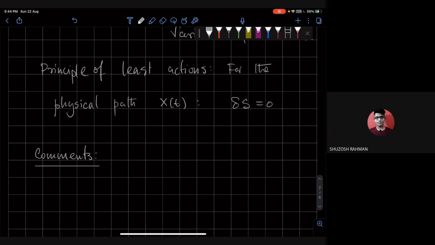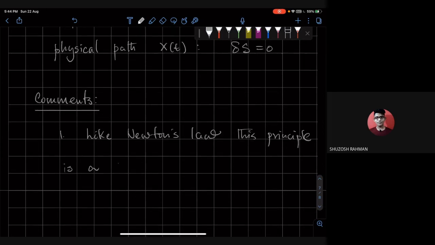And the comments are, like Newton's law, this principle is a fundamental assumption about the universe, or about physical systems.